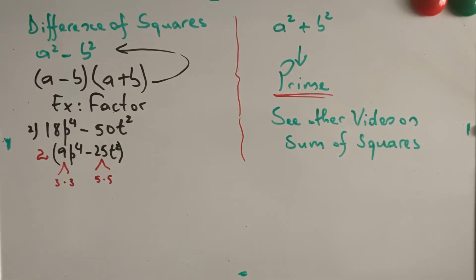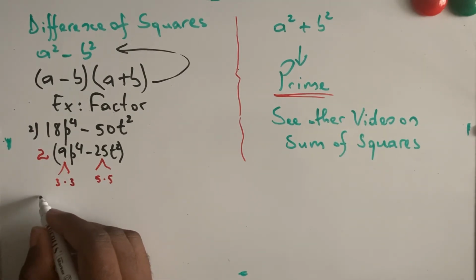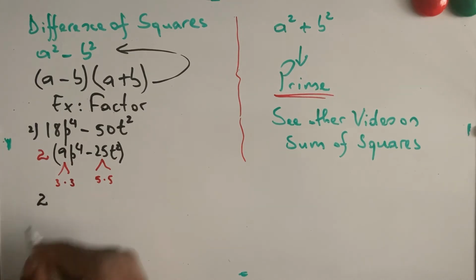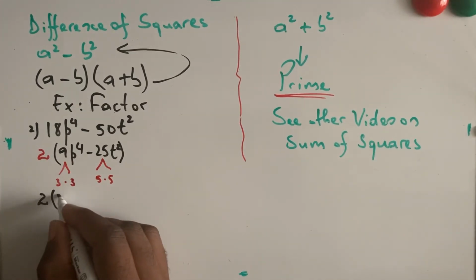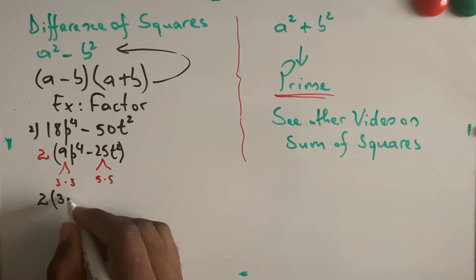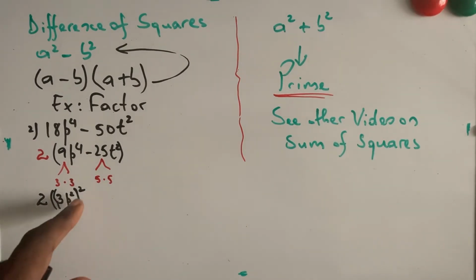Okay. So therefore, you can rewrite this, and I'm going to rewrite it just to make sure it makes sense to all of you guys. So 2 times, I'm going to rewrite this as 3p to the 2nd raised to the power of 2, because 2 times 2 will give you 4, okay?